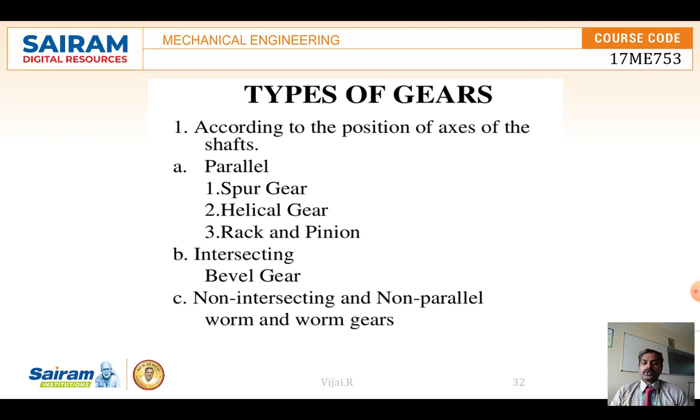So according to the position of the axis we can select spur gear, helical gear or rack and pinion methods. The position of the axis may be a parallel axis or perpendicular, that is the intersecting axis. So a bevel gear can be used for this intersecting axis. For non-intersecting or non-parallel axes, we can use worm and worm gears.